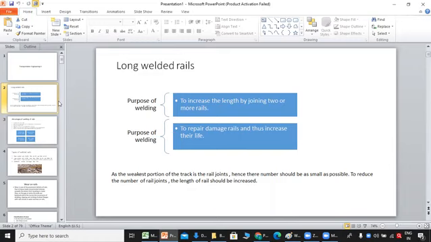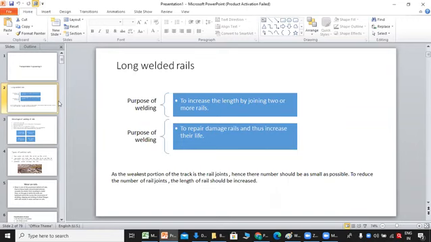But in this case, two rails are joined by using the fish plate, whereas in some cases we join two rails by using welding and welding material. So the purpose of welding is to increase the length by joining two or more rails. If we join two or more rails, then definitely the length of the rail will increase.